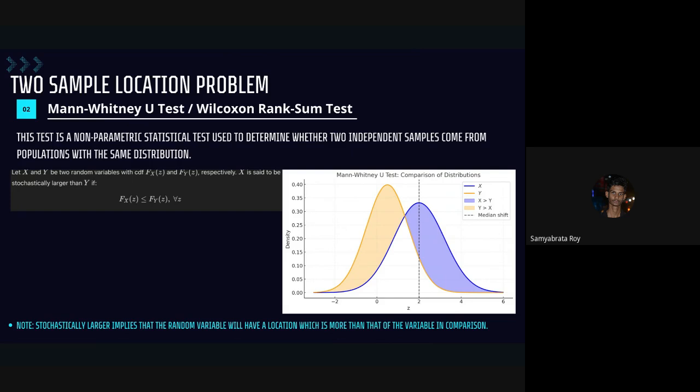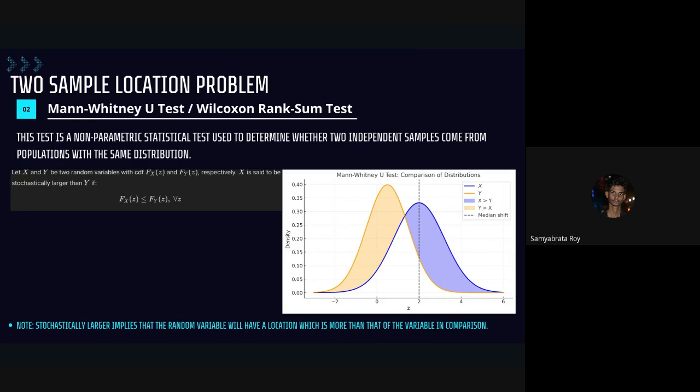In this scenario, we are trying to find if a distribution function is stochastically larger than a different distribution function. Suppose we have a random variable x and a different random variable y.